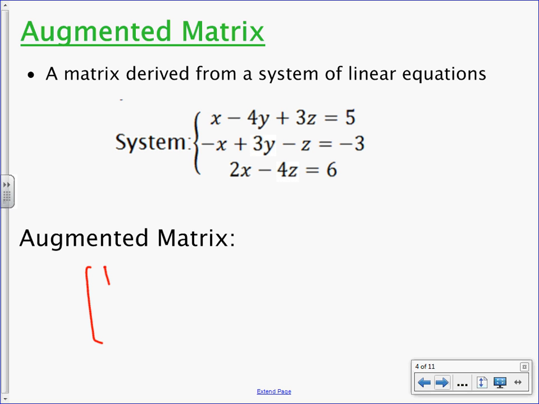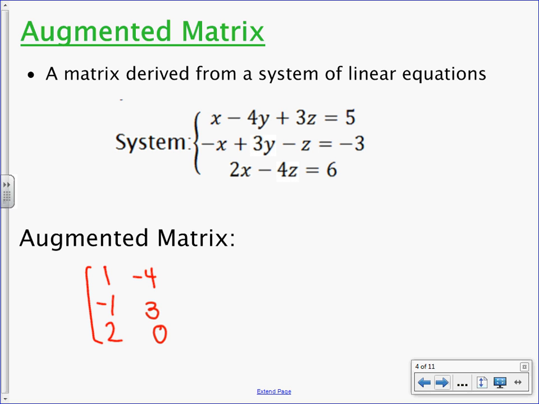Our second equation? And our third equation, 2. So those are all the coefficients of x. Our next column, we're going to make for y. What's our coefficient for y in the first equation? -4, the second equation, and the third equation.